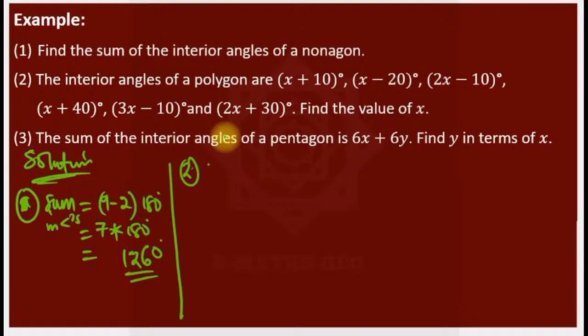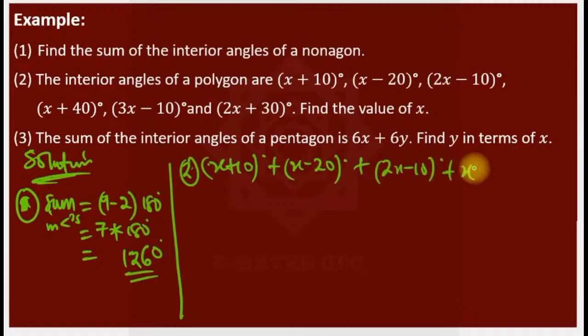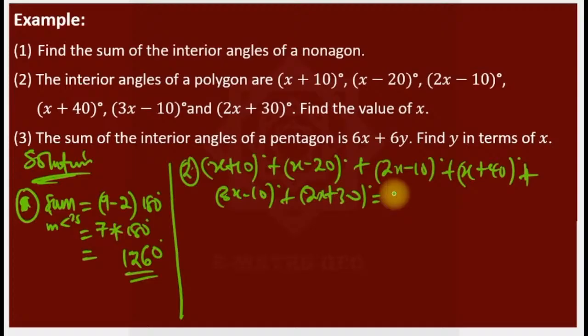So I'm saying that if you add x plus 10 degrees plus x minus 20 degrees, we'll have plus 2x minus 10 plus x plus 40 plus 3x minus 10 plus 2x plus 30 must be equal to the sum, which is n, our n is 6, minus 2 times 180.